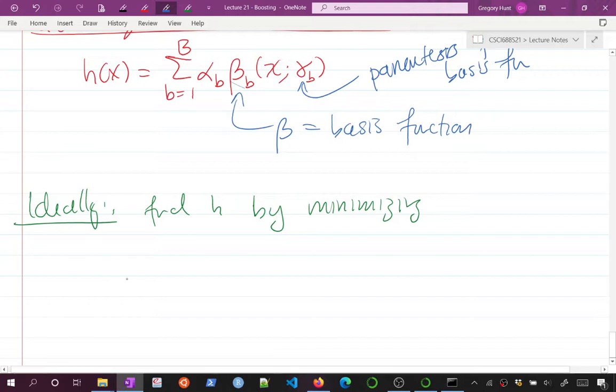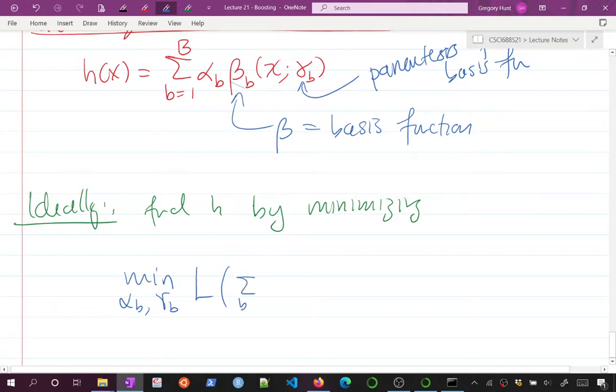So ideally, we minimize over our alphas and our gammas some loss that measures the difference between the true h's and the function we predict.